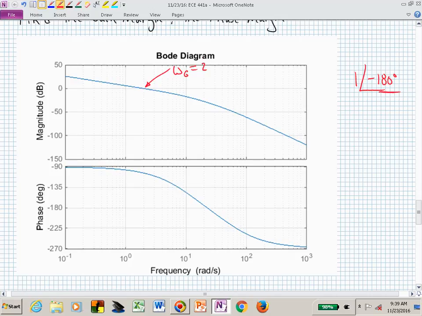When you had a two-pole system and your root locus was doing this, how much could you crank up the gain and still remain in the left half plane? You can crank as much as you want. You're staying in the left half plane. That's an infinite gain margin system. In this case, obviously it's not. Where is our phase crossover?